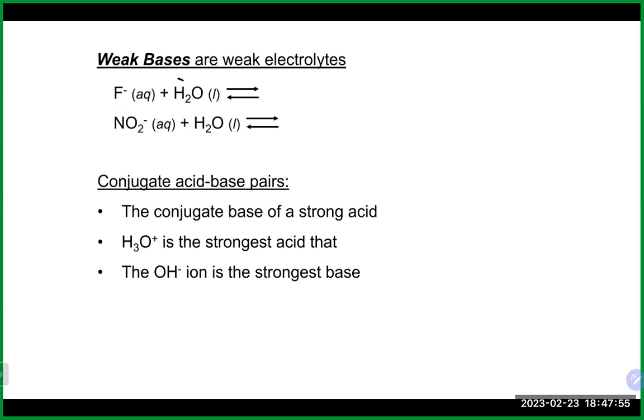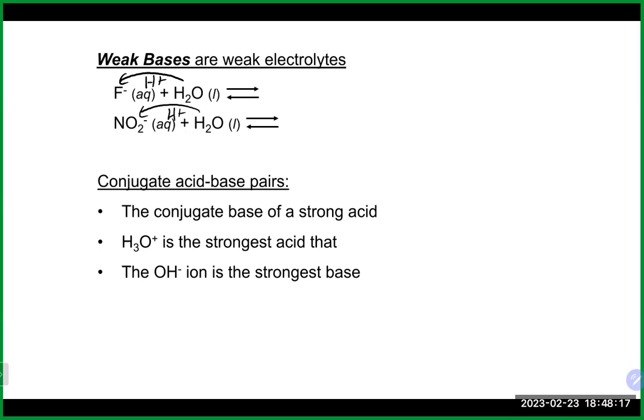In this case, the H plus is actually coming this way. Out of all the reactions or equations, I would recommend putting water in a weak base equation, because it helps you visualize what is being produced and where the hydroxide comes from. I definitely put it into the weak base equation.